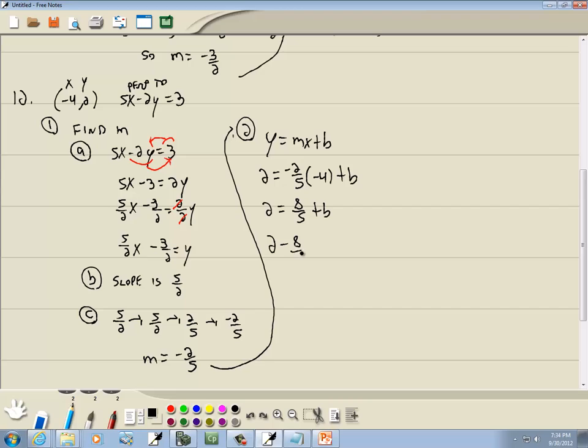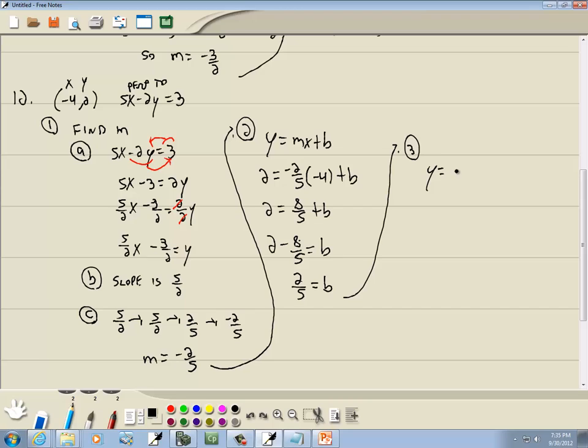Take the 8/5 over to the other side. And this is a mixed number rule. We take the number to the side here, the 2, multiply times the denominator. 2 times 5 is 10, and then we add the negative 8. So that gives us 2, and then our denominator stays 5. So again, 2 times 5 is 10, and then you add negative 8, and that gives you a positive 2.